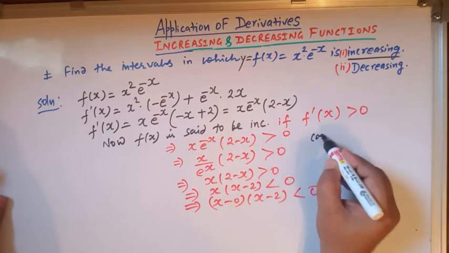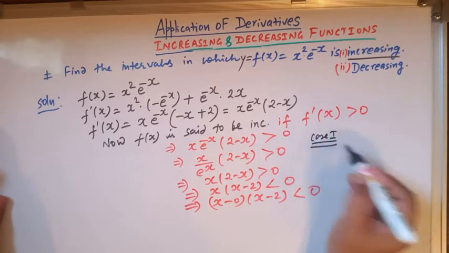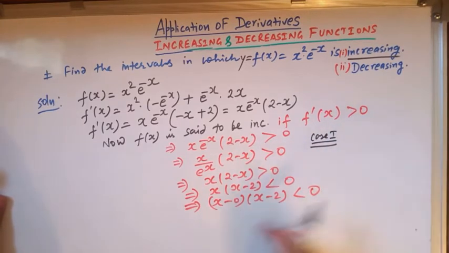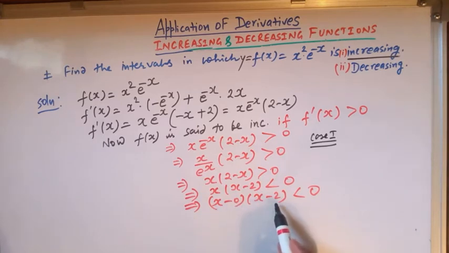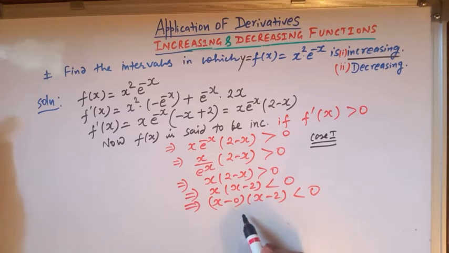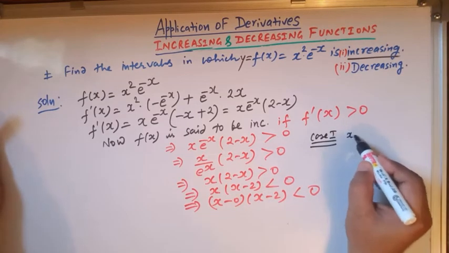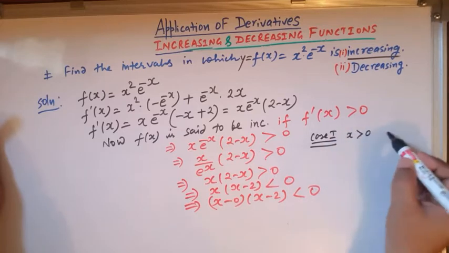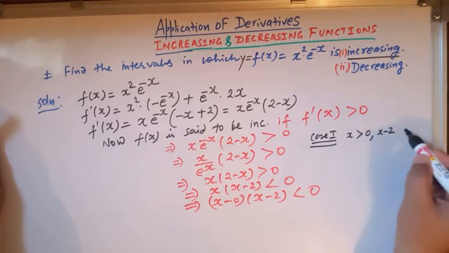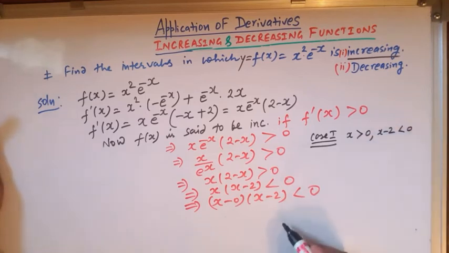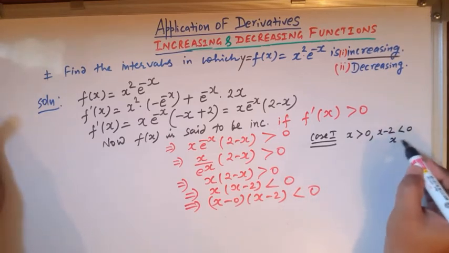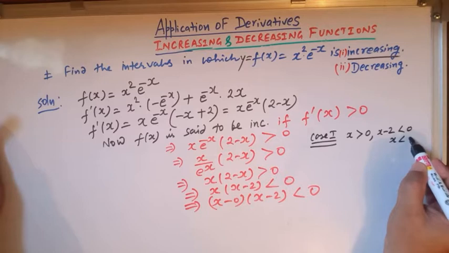So here we'll take two cases. Case 1: the product of (x minus 0) times (x minus 2) is less than 0. So this will happen if one of the factors is positive and the other is negative. So let x be greater than 0 and x minus 2 less than 0. So this inequality gives us x less than 2.